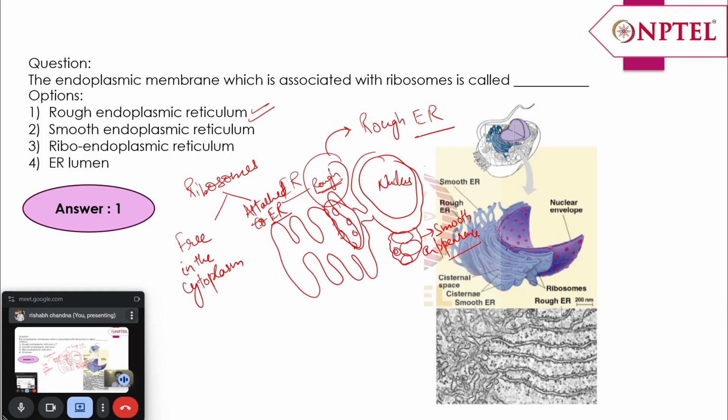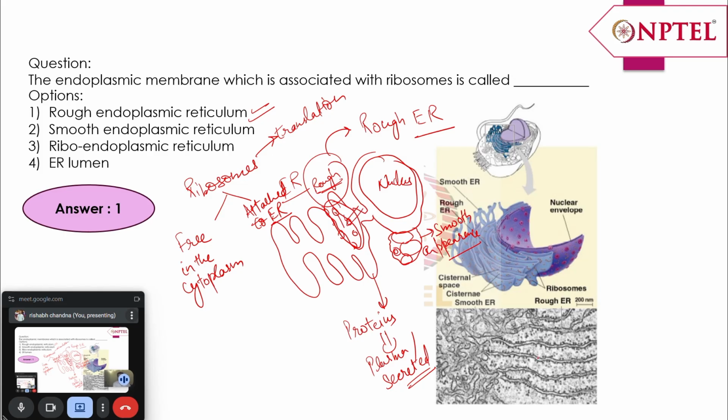Rough endoplasmic reticulum has the function of ribosomal translation. If the ribosomes are attached to the ER, that gives us the idea that the proteins that need to be secreted or present on the plasma membrane will be produced by the ribosomes present on the endoplasmic reticulum membrane.